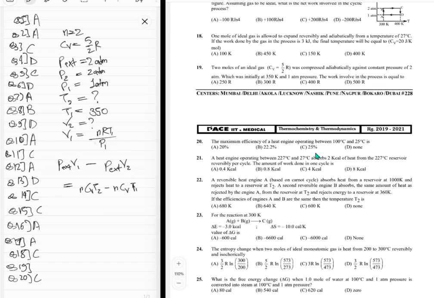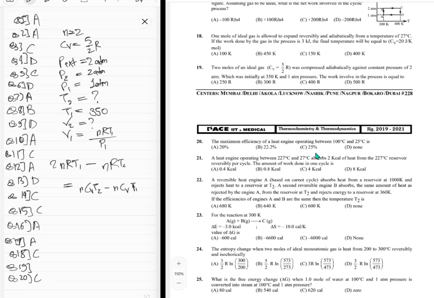Now we can write it differently. P external we can write as P2, and then P2 V2, that's just nRT2. And we know that P external right now is just 2 times P1, right? For this case only, it's 2 times P1. Then we can write this as nRT1.